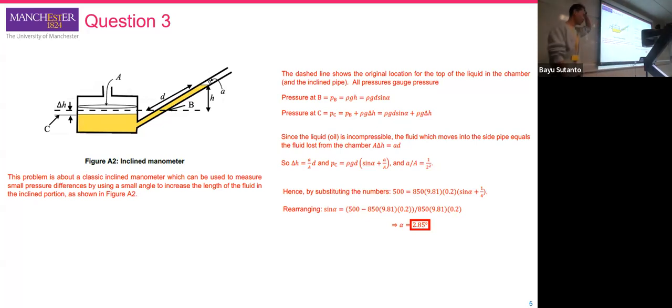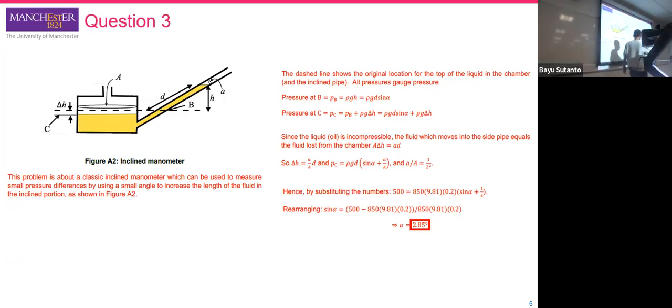It will be equal to 500 Pascal. The density is 850 kilograms per cubic meter, gravity is 9.81, and g equals 0.2 meters because the displacement is 20 centimeters.